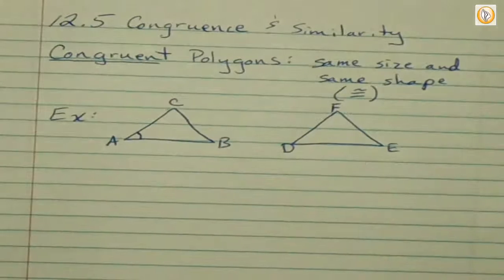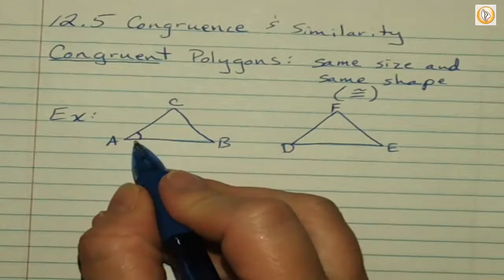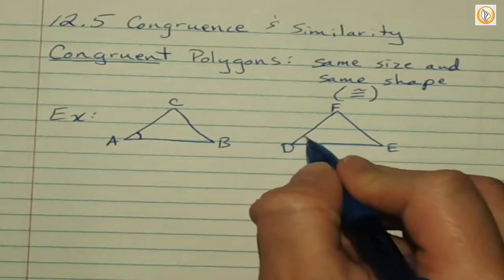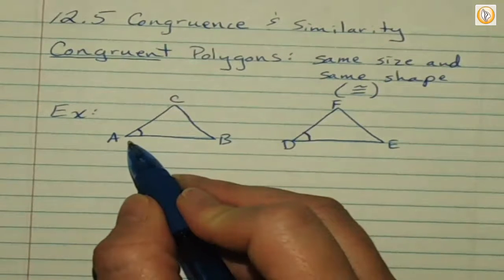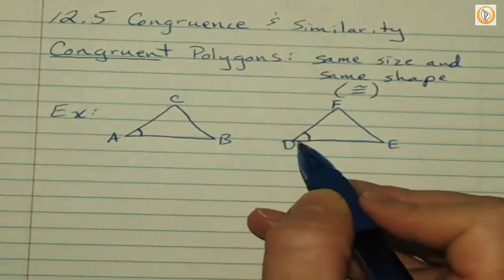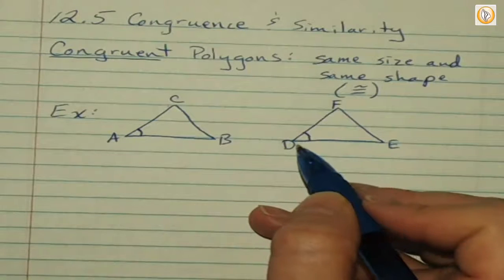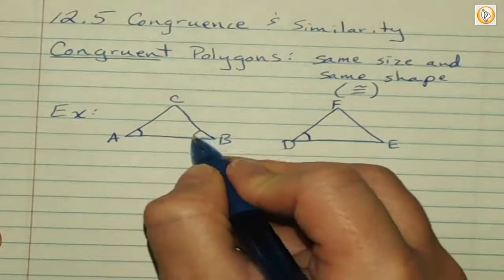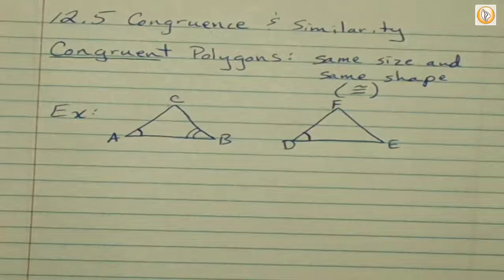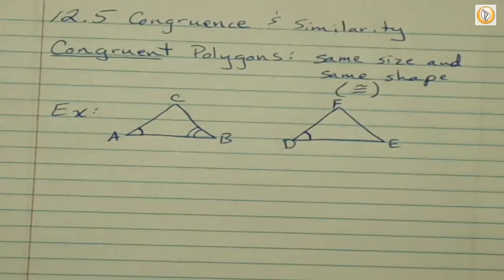That little line right there is just an indicator for angle A. If I put the same indicator over here with angle D, that's saying that angle A is congruent, or the same as angle D. Now look at angle B. I'm going to put 2 lines for angle B.